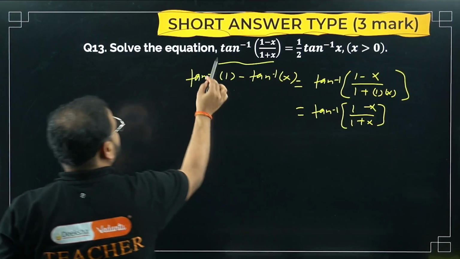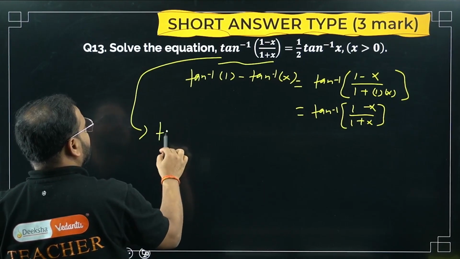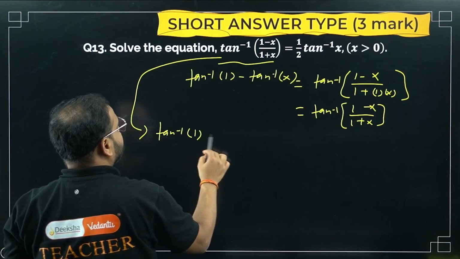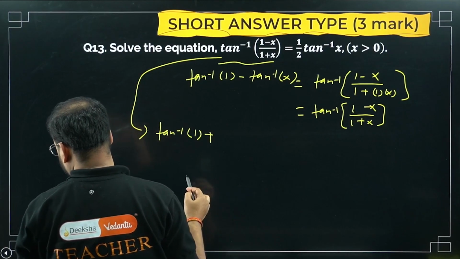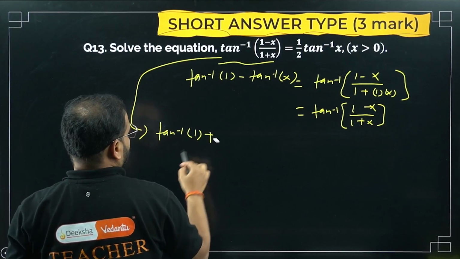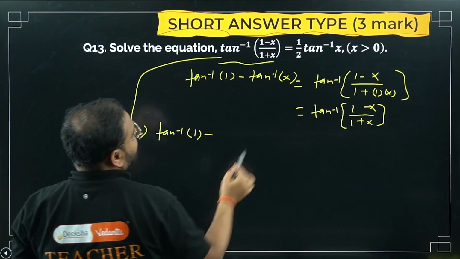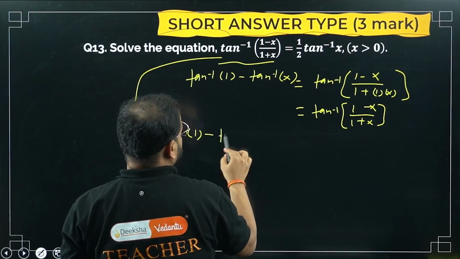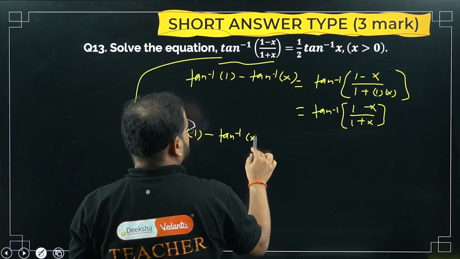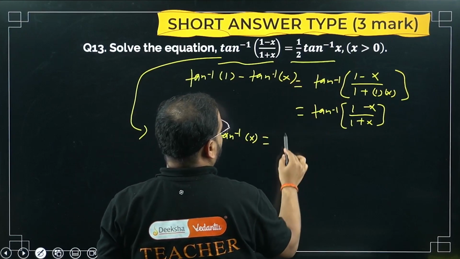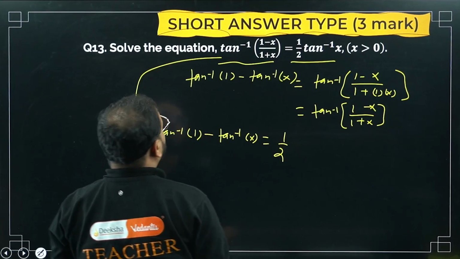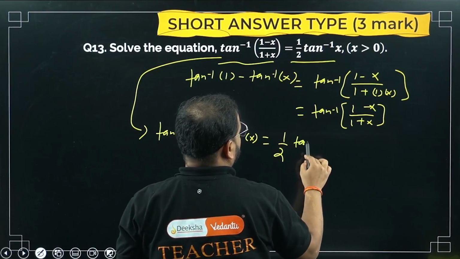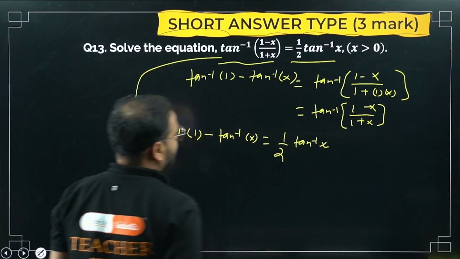Tan inverse of 1, not plus, minus tan inverse of x equals to the RHS that is given, 1 by 2 tan inverse of x.